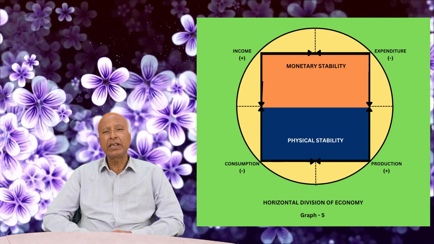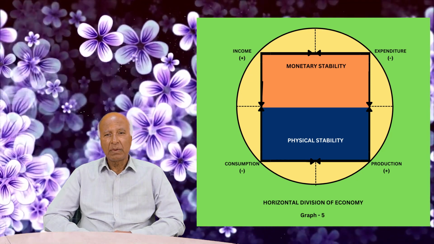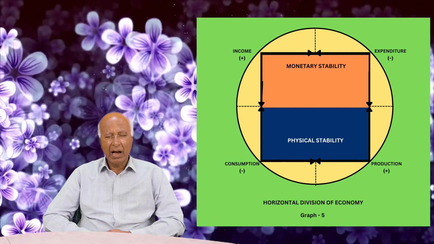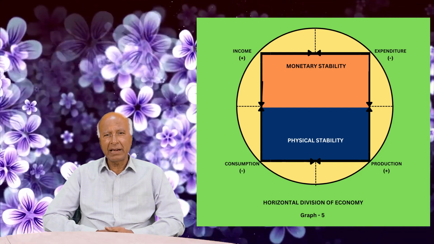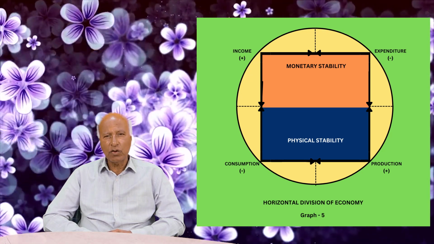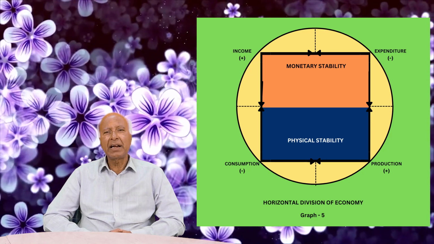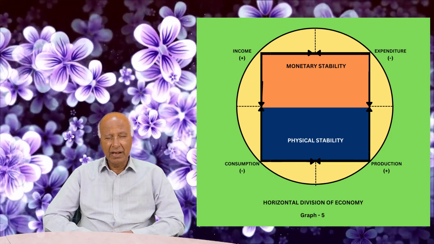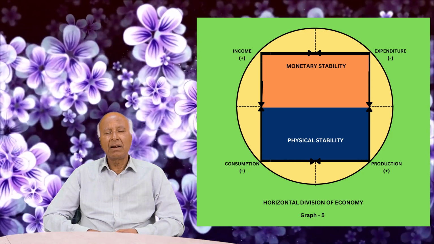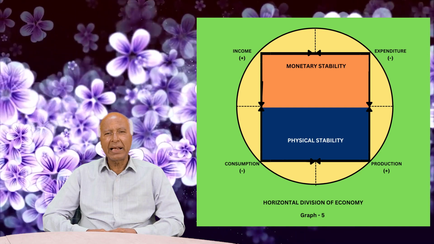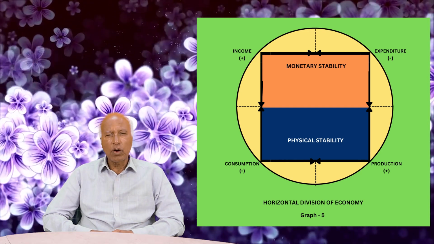For example, if I want to increase the production of steel, iron is a fundamental material for the development of economy. But if the iron ore is not available within the country, the steel making capacity cannot grow.